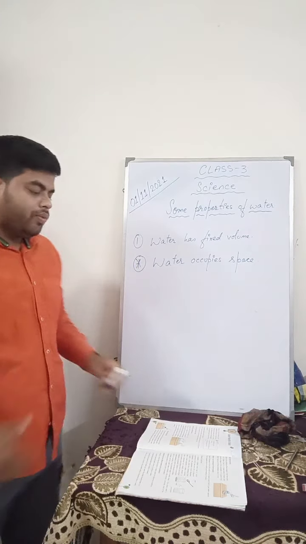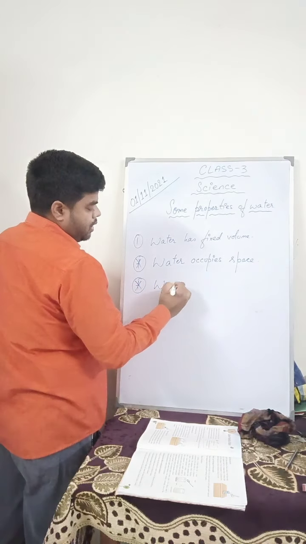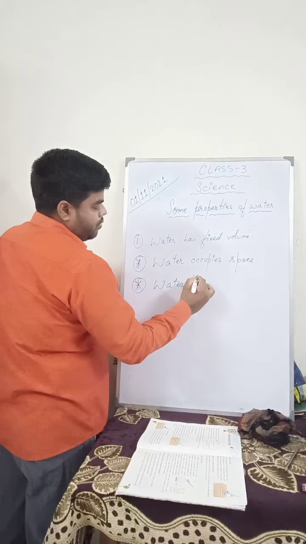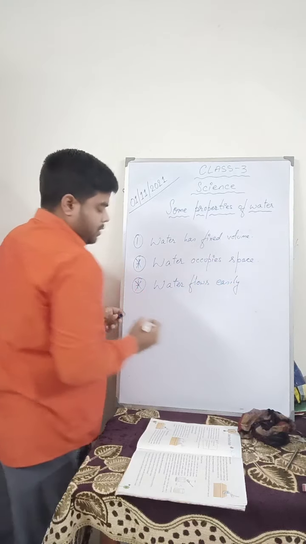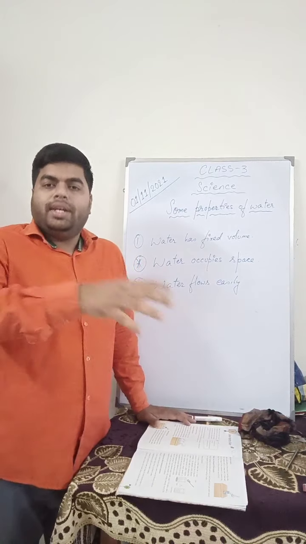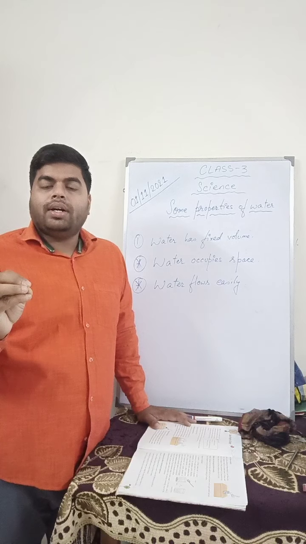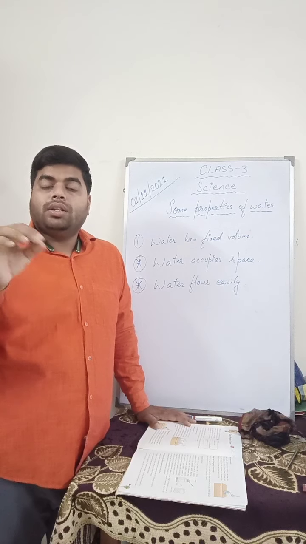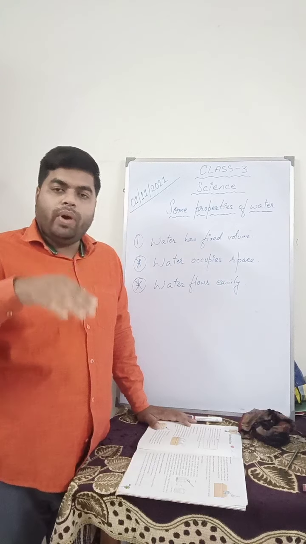Next, water flows easily. The next property is that water flows easily. You must have seen that when you pour water in any place, the water starts flowing. But one condition you have to keep in mind is that the place where you drop the water should be higher than the place where it flows.